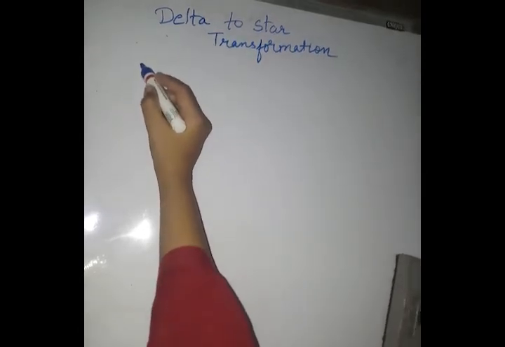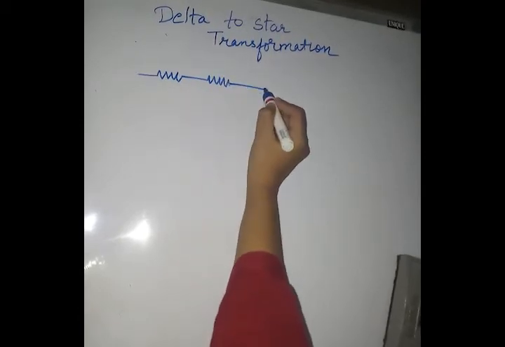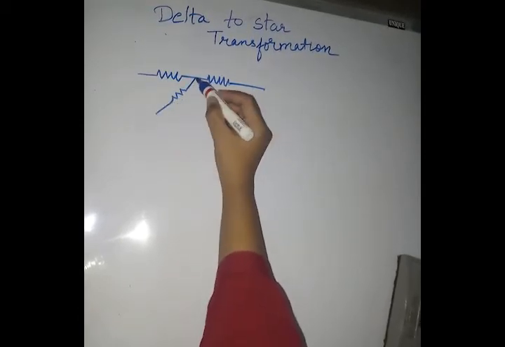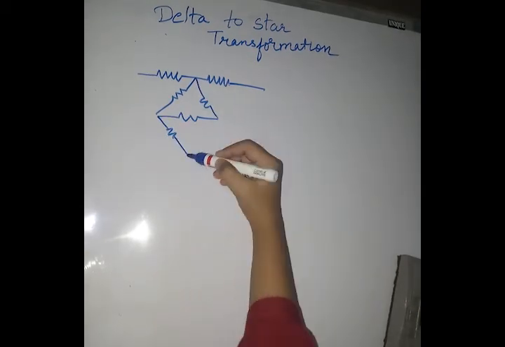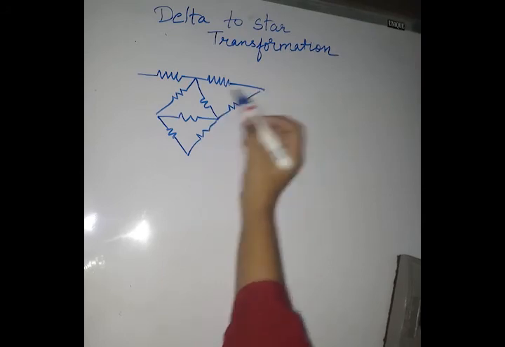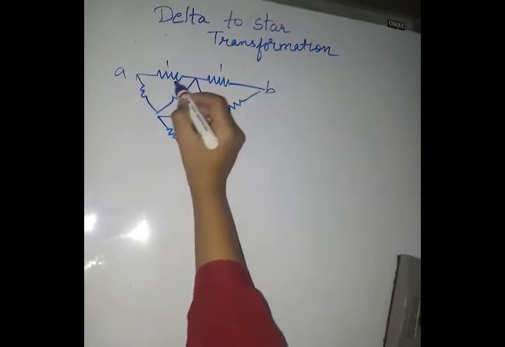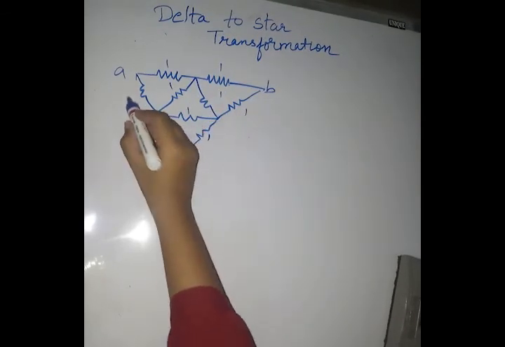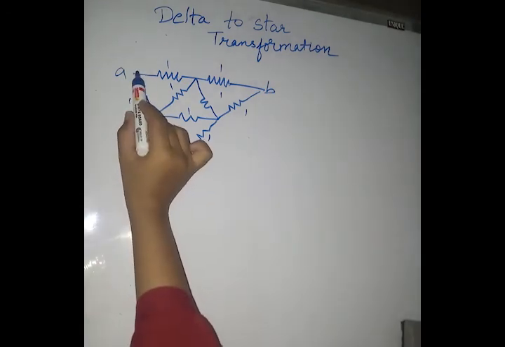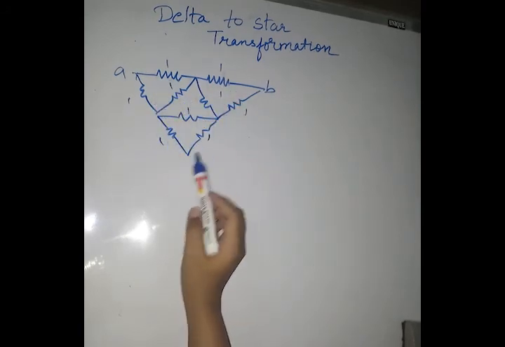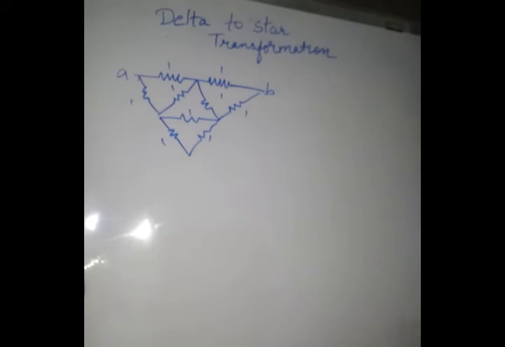So quickly taking an example, see here we need to reduce the circuitry to terminals AB, and all the resistor values are in ohm, and it is given as 1.